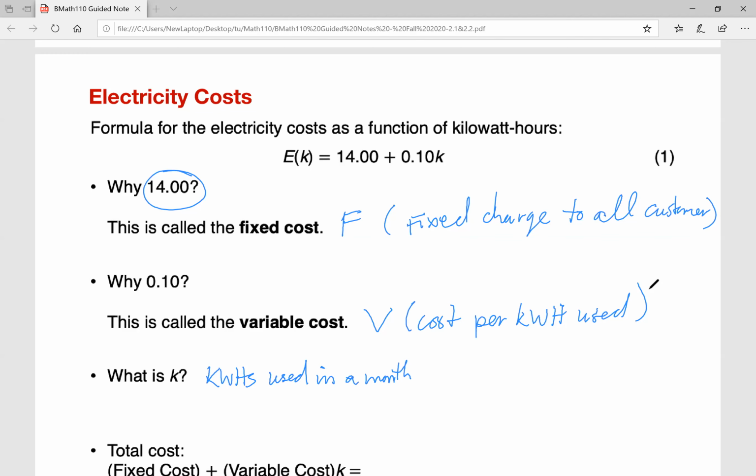And then lastly, you know the total cost.